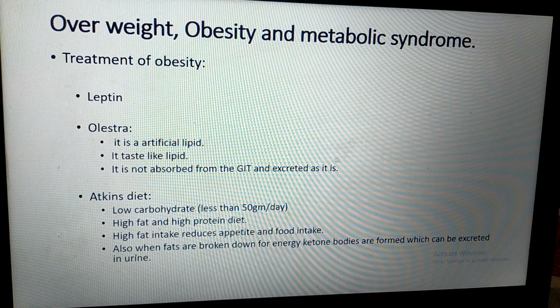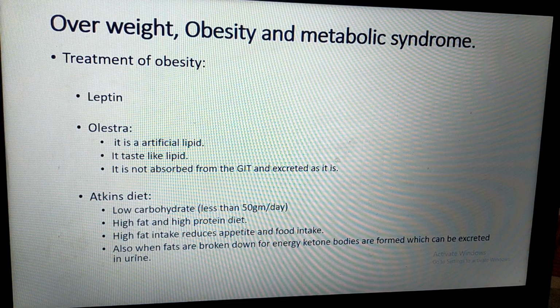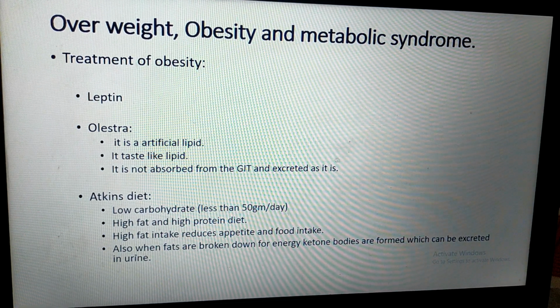That means the fat which we have taken in the diet as well as the fat which is present in our body is utilized for energy purpose. And when this fat is utilized for energy purpose, ketone bodies are formed, and when these ketone bodies move from one organ to another organ through the blood, they get filtered through the kidney and excreted into the urine. That means fat is lost in the form of ketone bodies. So this is the concept of this diet.